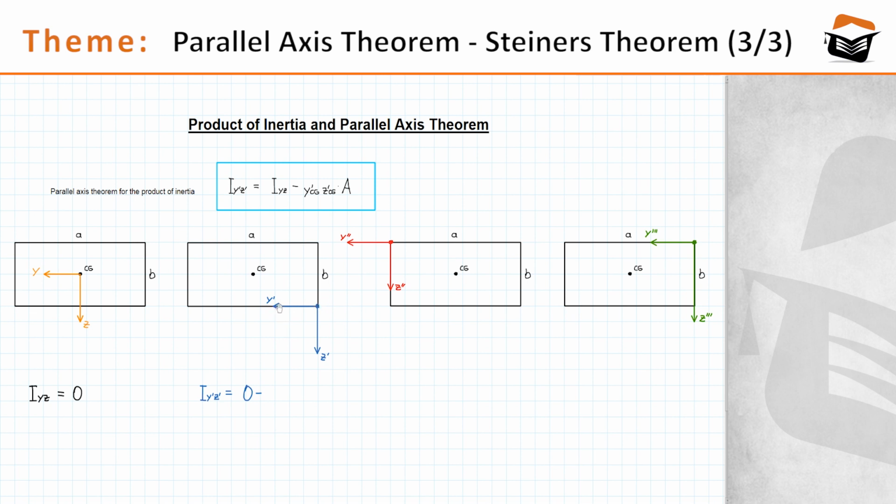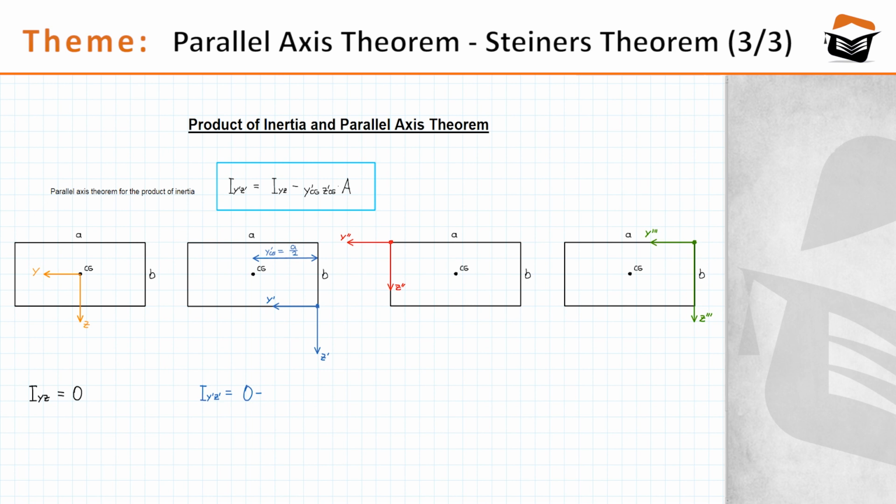With regard to the y prime axis, that would be this distance here between the origin of the coordinate system and the centroid along the y prime axis. Sorry, not z, this is y sub cg prime, and that is equal to a half.